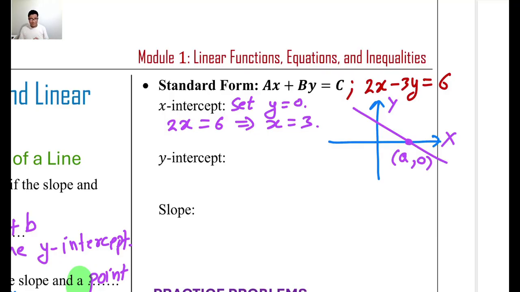If you want to remember it as a formula, I'm just writing only for this one. I will not write for others because we are really not going to memorize the formula. If you simply plug in 0 here for y, that term will become 0. So x will be c divided by a. Think about it.